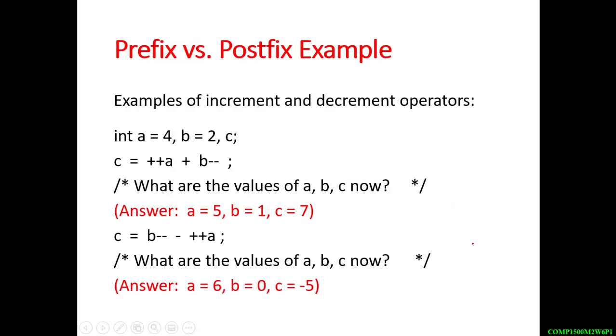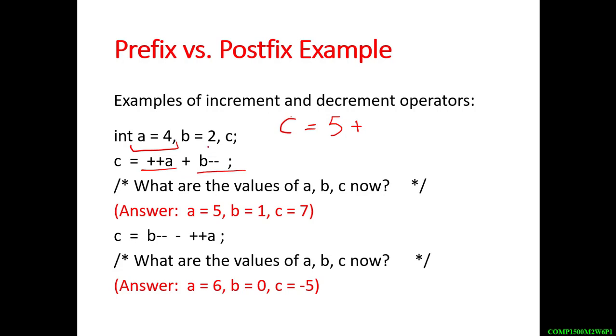Now, in the previous class, we said that we have the shortcut operators, which are ++a and b--, let's say. So for instance, for this example, c is equal to ++a. So c will equal to, what is ++a? ++a means increment a before using it. So we are going to say c is equal to 5 plus use b before decrement.